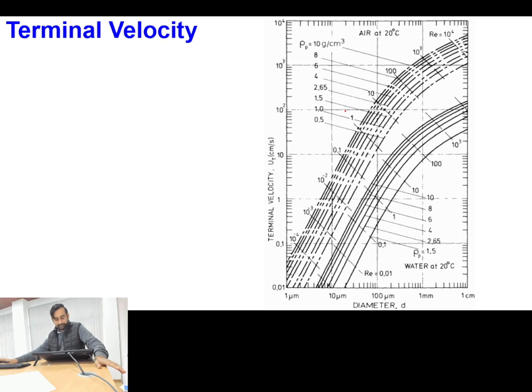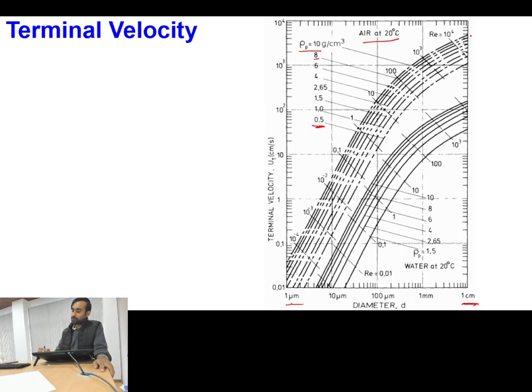And then this is one elaborate chart which shows different particles of different densities, for example this particle is of 10 gram per centimeter cube to 0.5 gram per centimeter cube. If you have air as the surrounding fluid at 20 degrees Celsius, what will be the value of terminal velocity for different particle diameters ranging from 1 micrometer to 1 centimeter?